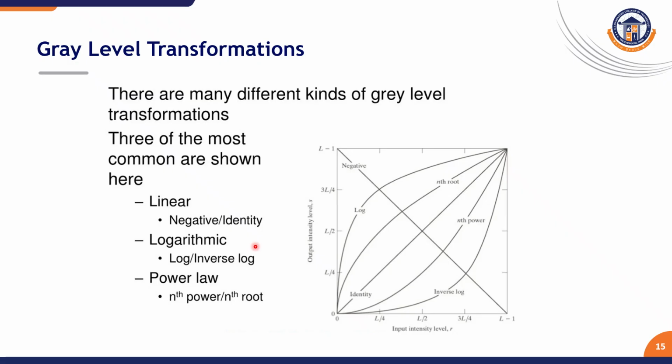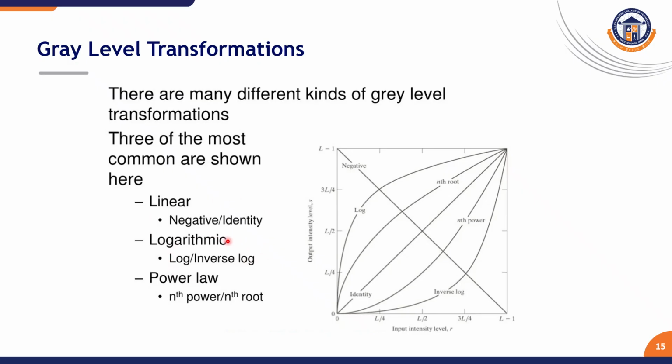The different gray level transformations in spatial enhancement are linear, logarithmic and power law. These are some of the common gray level transformations. In the linear, the negative and identity can be transformed.